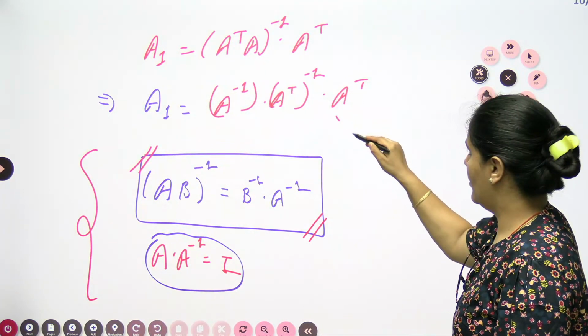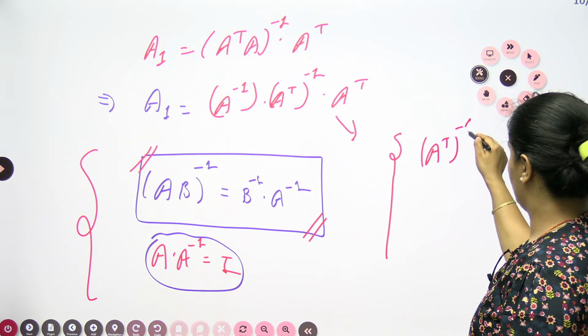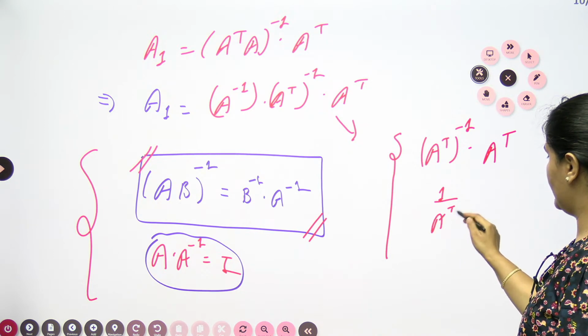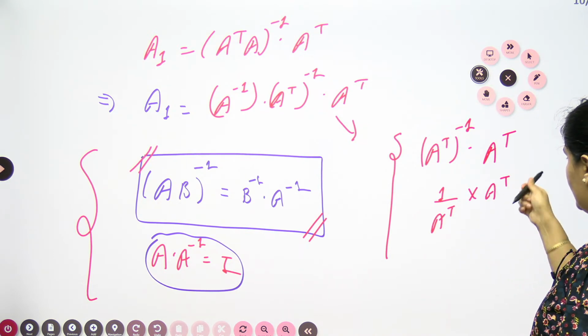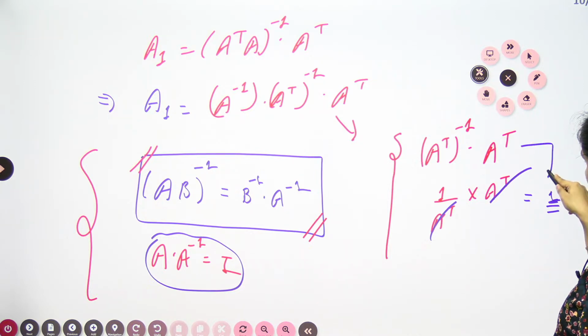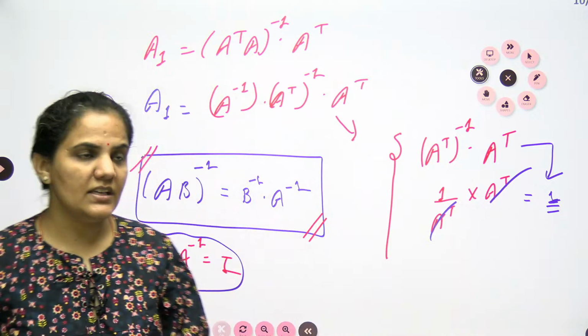If you want to write down only this part, A transpose inverse multiplied with A transpose, it will be nothing but 1 upon A transpose multiplied with A transpose. So these two will be gone, and we can write the result directly as 1.